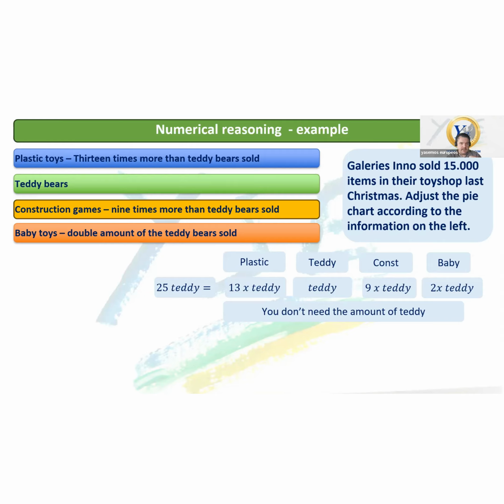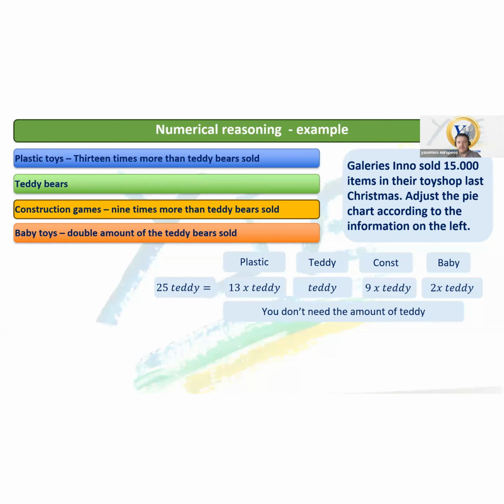The teddy bears are equal to T. The construction games are 9 times the teddies, 9T, and babies 2T. So we got these conditions. If we add all these elements, we get 25 multiplied by teddy.